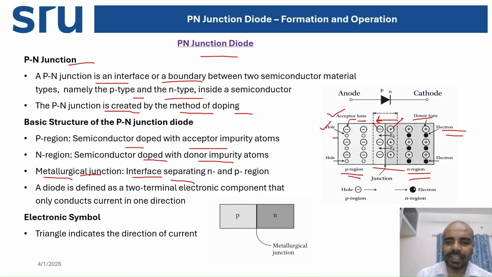Then a depletion region is formed at the junction point of a PN junction, right?